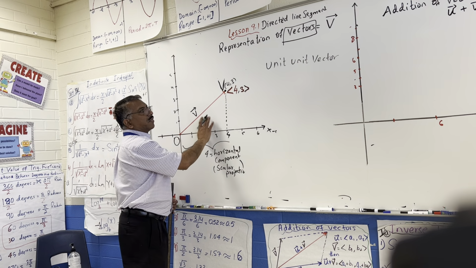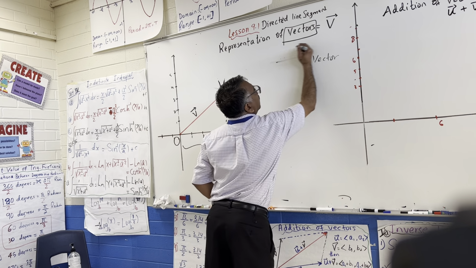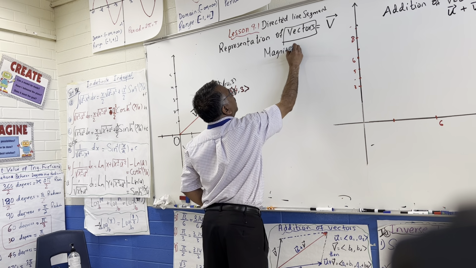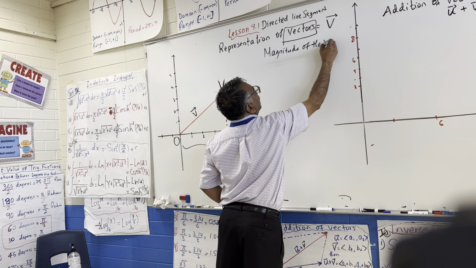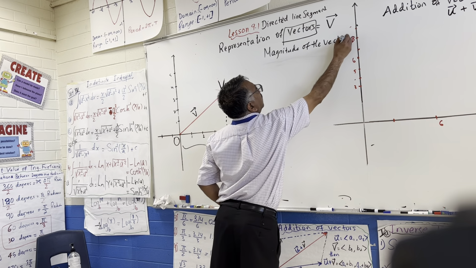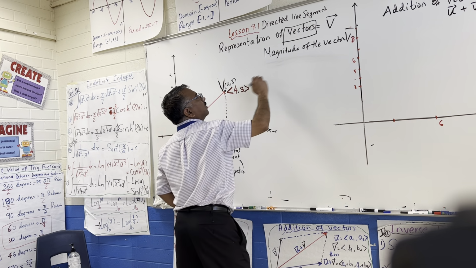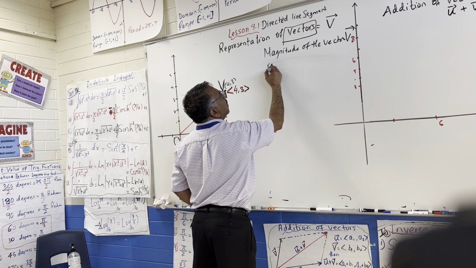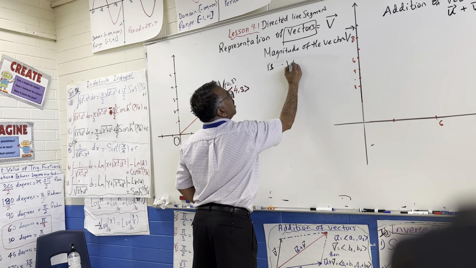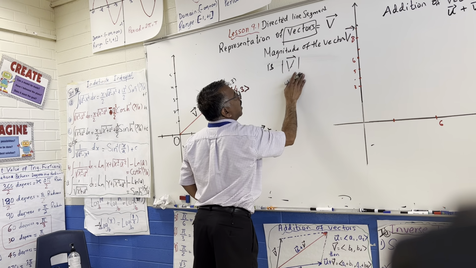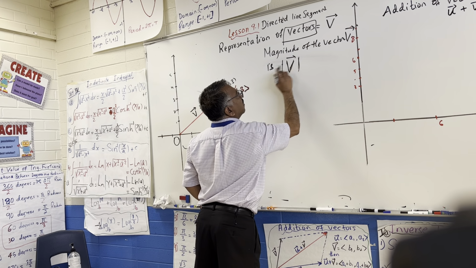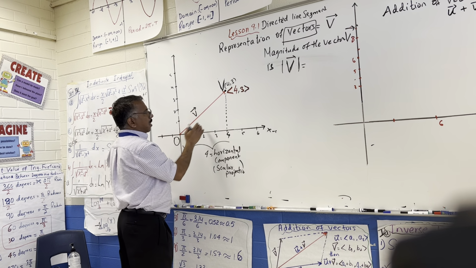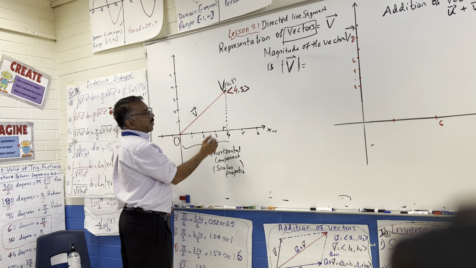what is the magnitude of this? The magnitude of the vector v bar, v with a little arrow to show that it's a vector, is denoted by writing v with absolute value signs. This basically means how much is the distance. If I want to know this distance, we can think of the Pythagorean formula.